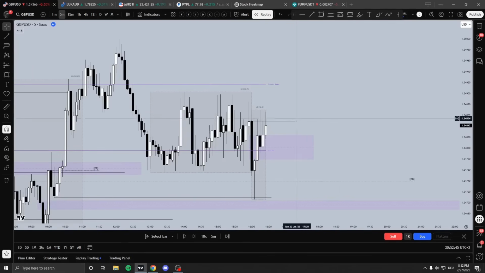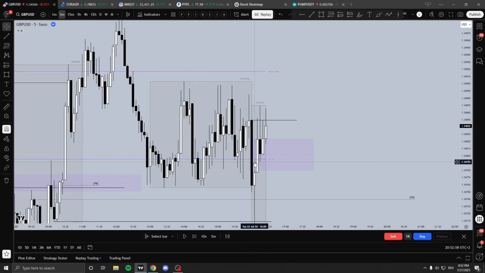But again, we want to see multiple confirmations. We want to see price close above this opening price. Why? You can see price close above the imbalance, but it is still respecting this down close candle as resistance. One candle failed to close above, second one, third one, fourth one.